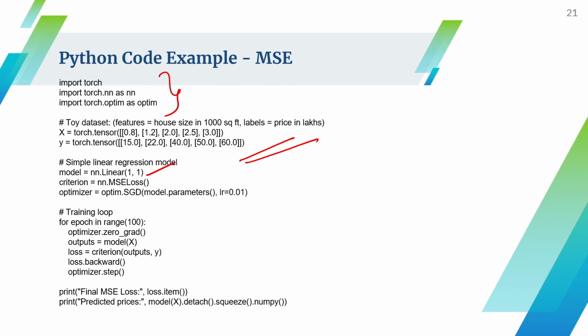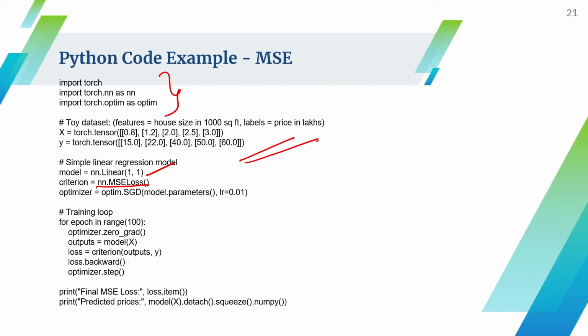Now, we need to compute the MSE loss. The function that is used is nn dot MSELoss. nn is the variable name we have taken for the torch built-in package, and here MSE stands for mean square error. That particular built-in function helps us calculate the mean square error for the given data.